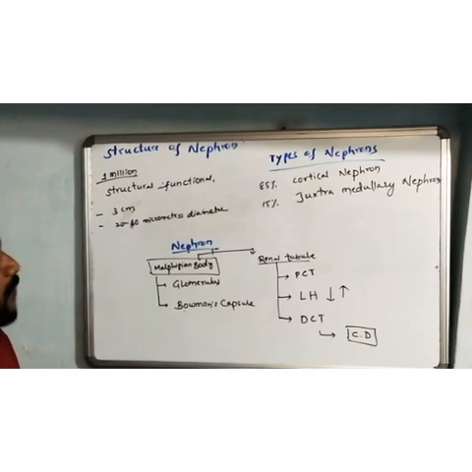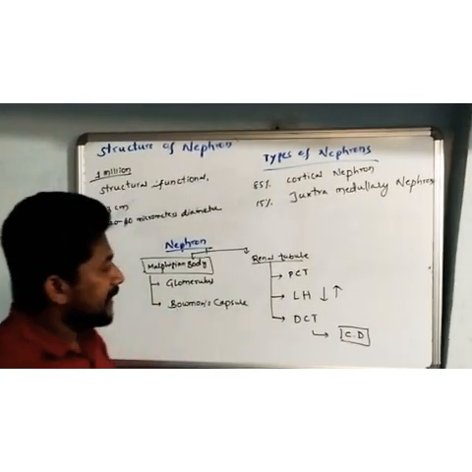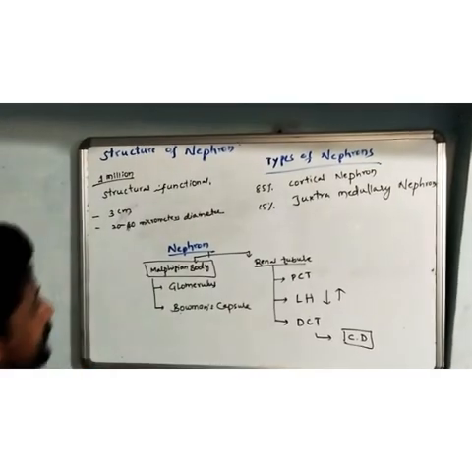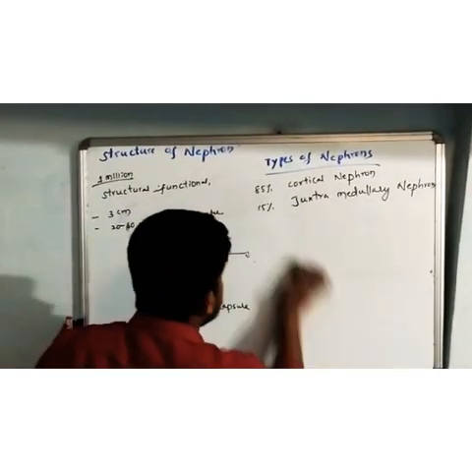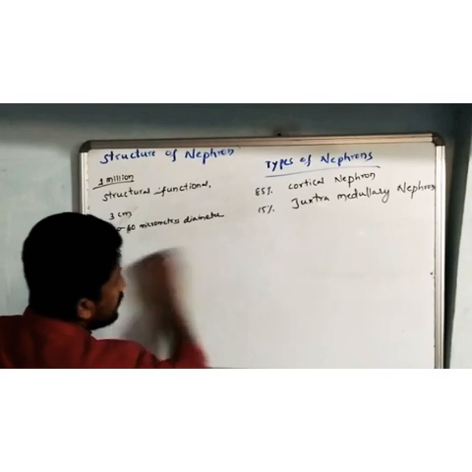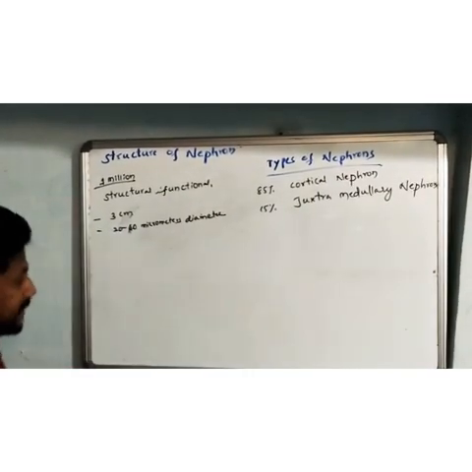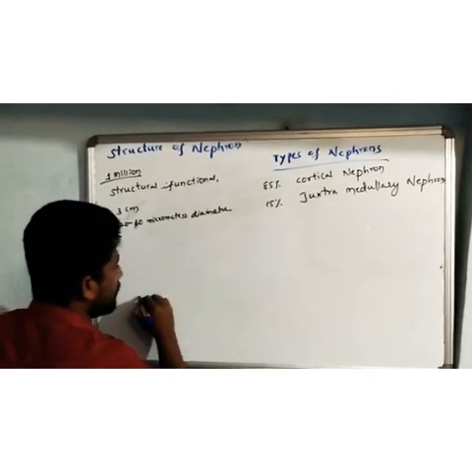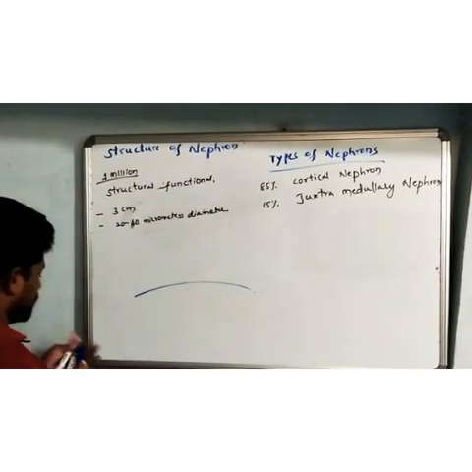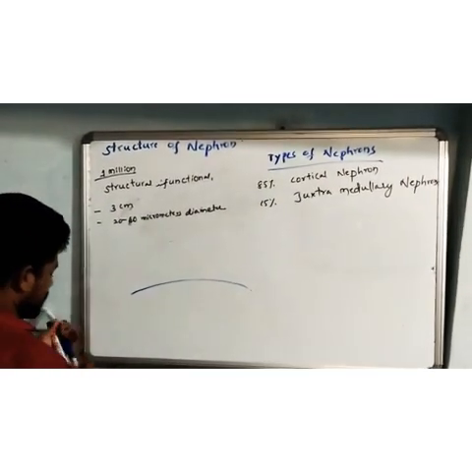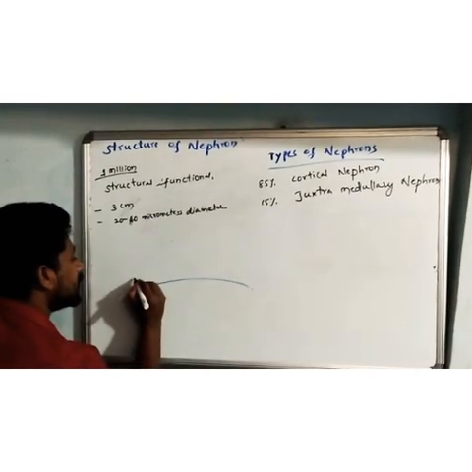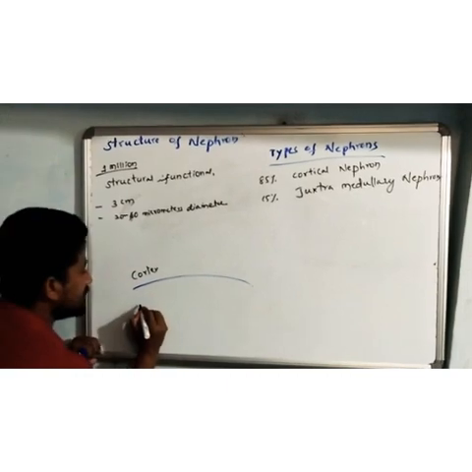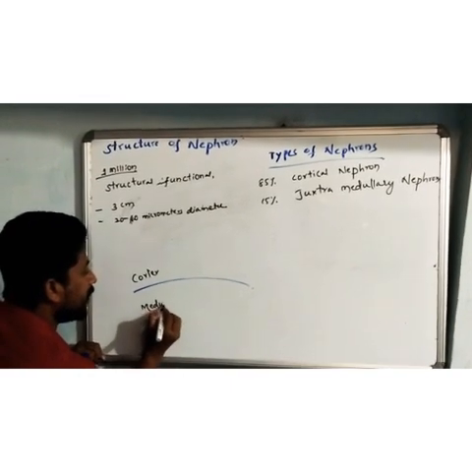Let's see them one by one. First, cortical nephrons. See here, this portion is the cortex and this is the medulla.